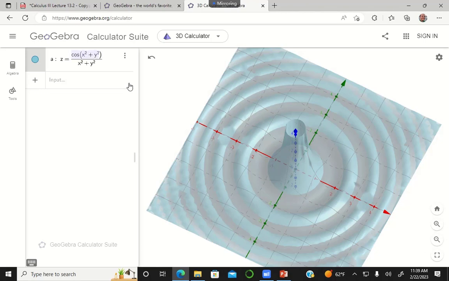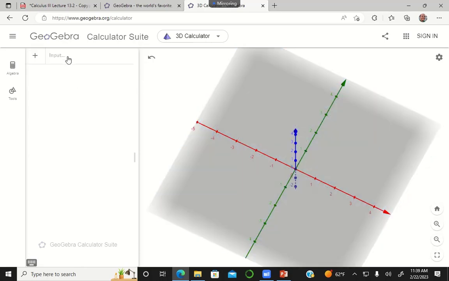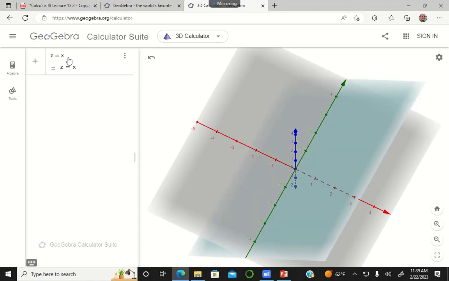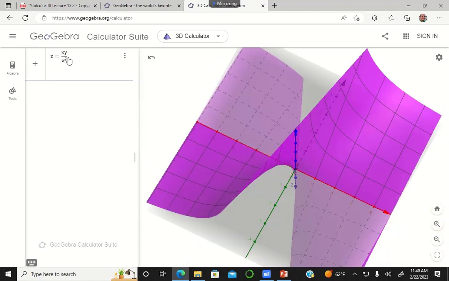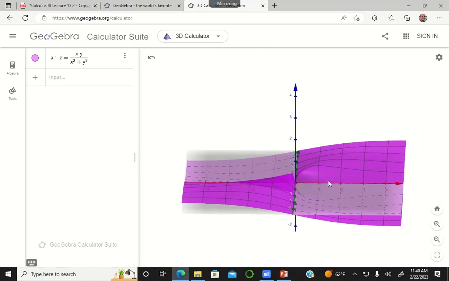Hate GeoGebra. I mean, it's useful, but Desmos is so much easier to use. Ugh. Okay, so I'm just going to delete this and start over. Z equals xy divided by x squared plus y squared.